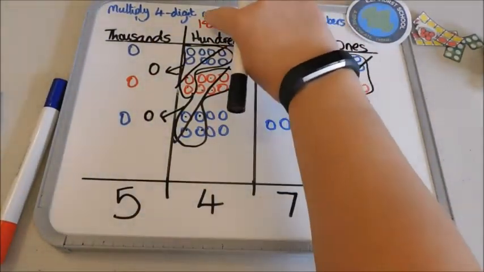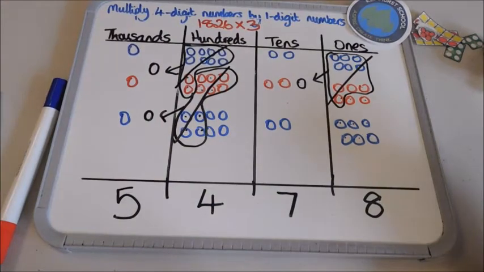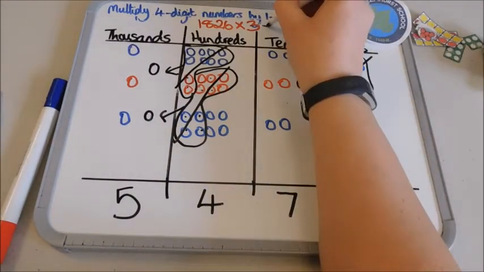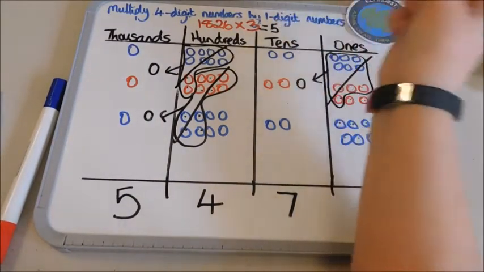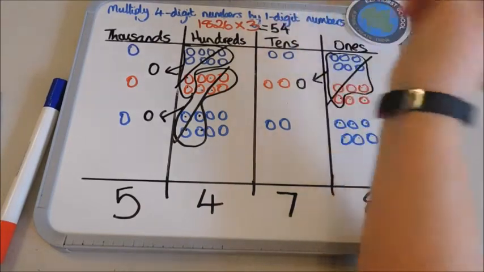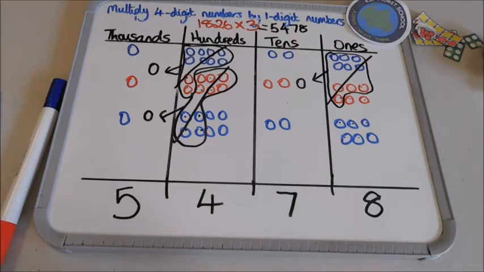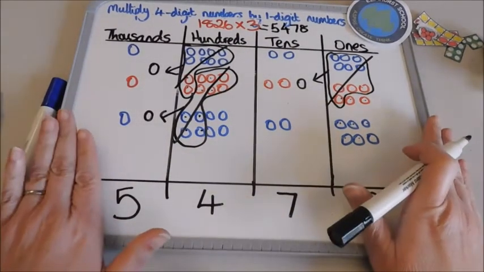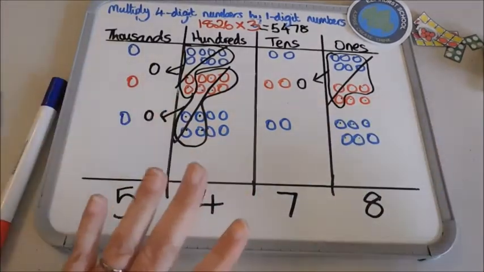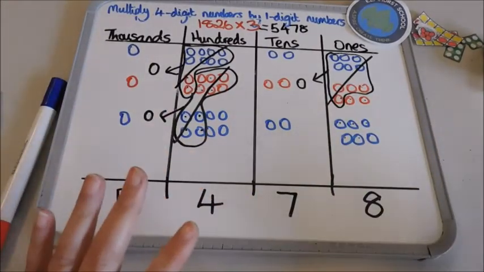Okay, so my answer to 1,826 multiplied by 3 is 5,478.